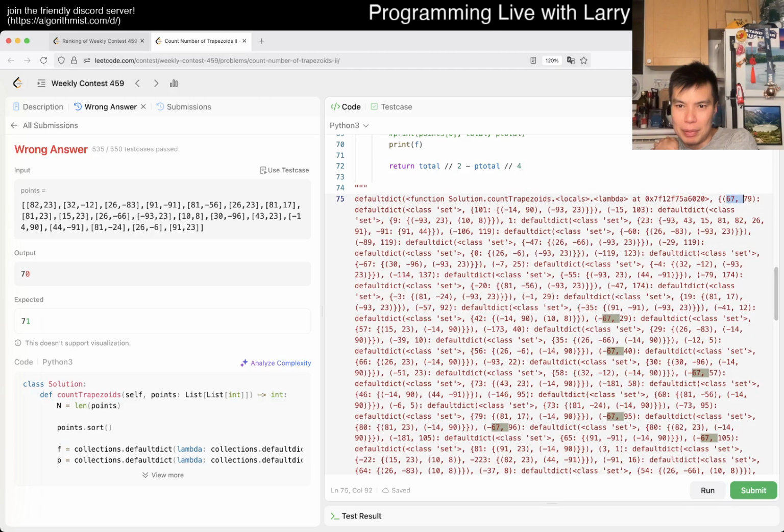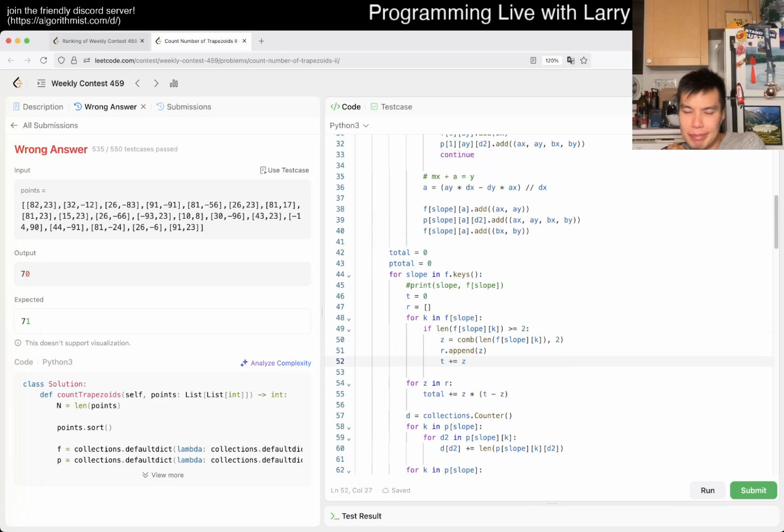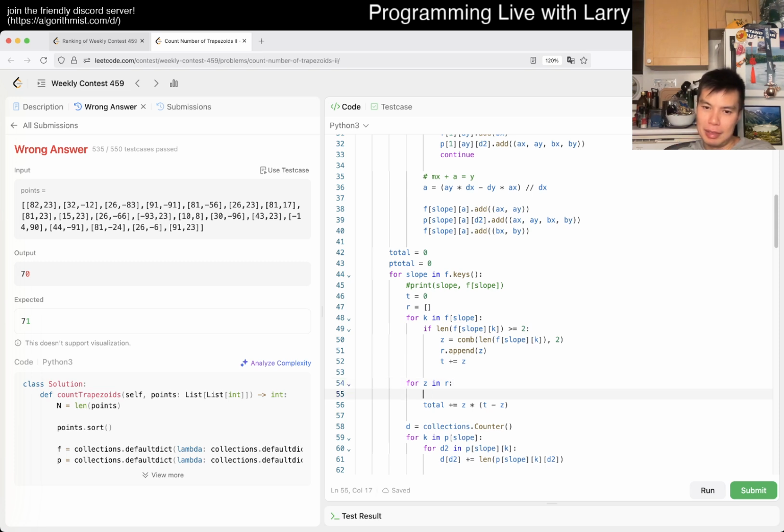This is the slope. Alright, well, it's 2 choose 2. Okay. I don't know. Print z t minus z.